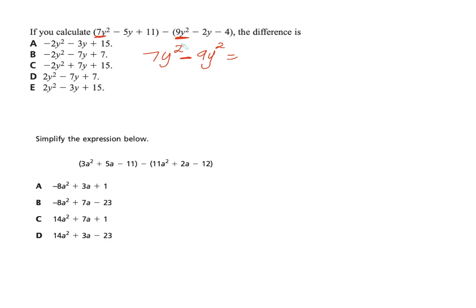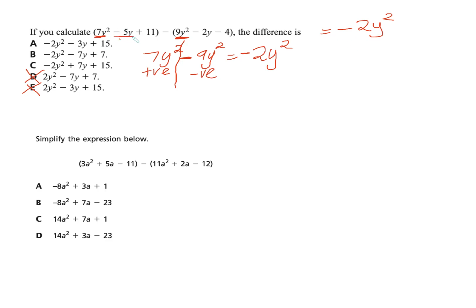And again, for those people who don't like subtracting, if you draw that line down the middle, this is positive and this is negative. And when the signs are different, I subtract, which would give me a 2y squared. Who is bigger? The 9, so I will have a negative 2y squared. Eliminating D and E. So I have negative 2y squared as my first term.